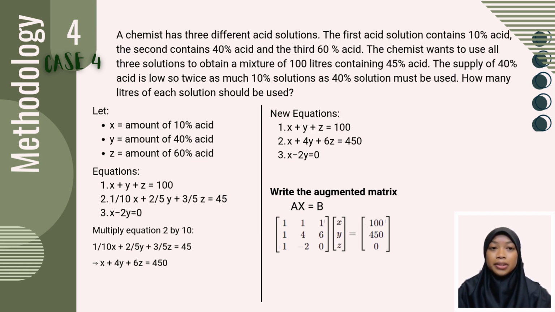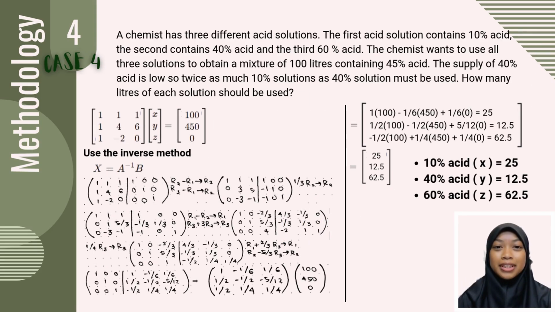And the last equation is X minus 2Y equals 0. Then we multiply equation 2 by 10 to get whole numbers, and we get X plus 4Y plus 6Z equals 450. Then we write the new equations as the augmented matrix AX equals B.